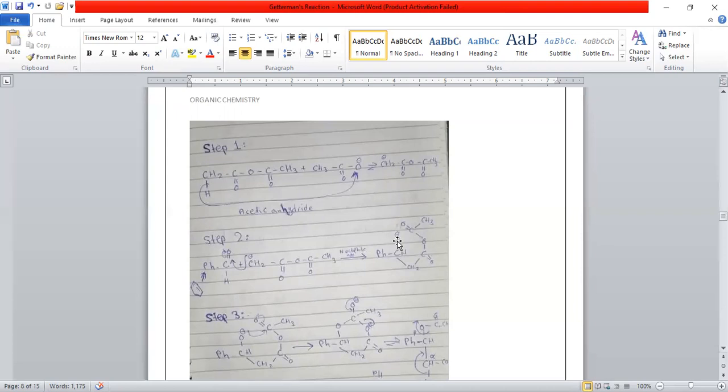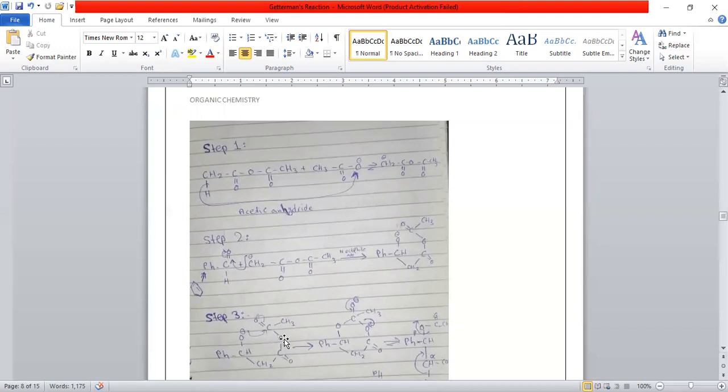Now moving towards step 3, this is an SN2-type mechanism. First is the addition reaction and then the elimination reaction. In this reaction, the oxygen which has the negative charge reacts with the carbon, and the double bond between the carbon and oxygen breaks due to the higher electronegativity of the oxygen.